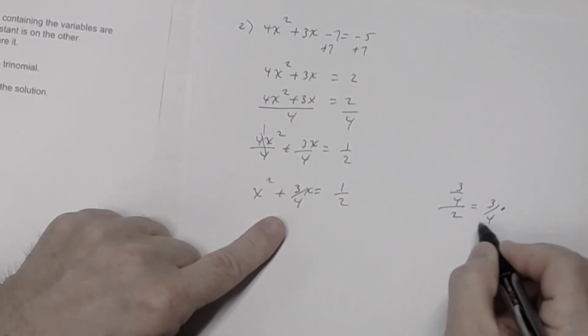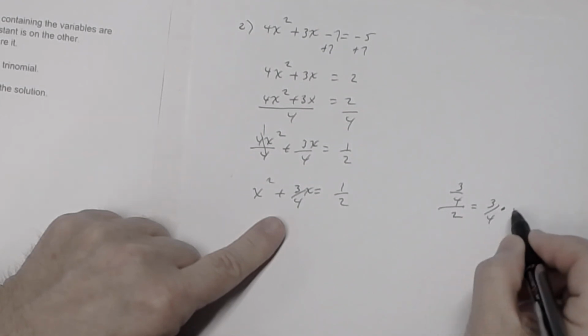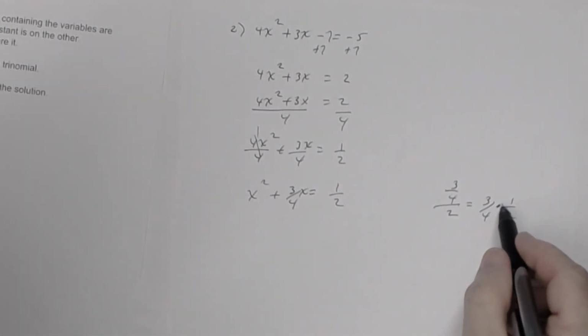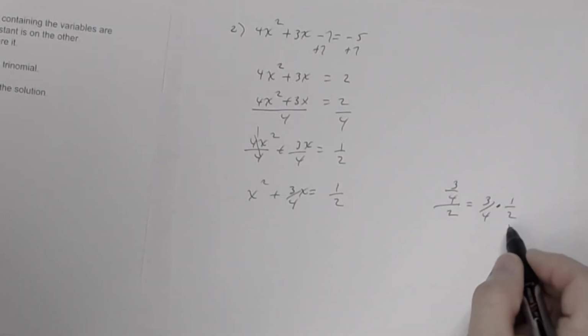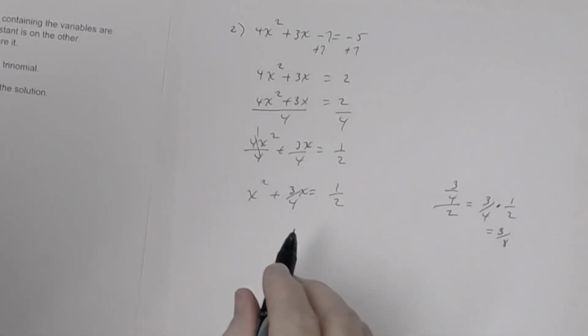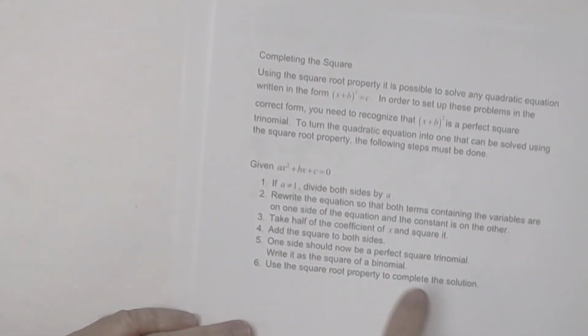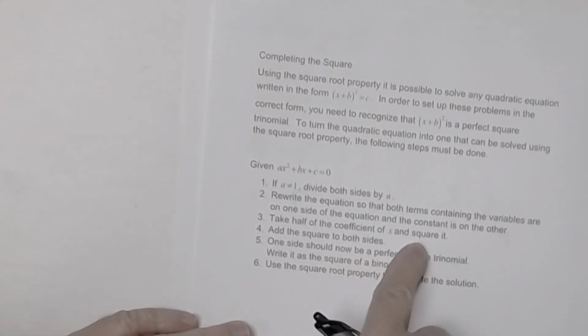I'm going to multiply it by the reciprocal of the denominator, which is 1/2. And then when I reduce and multiply, which I cannot reduce, but I'm going to go ahead and multiply those two fractions. 3 times 1 is 3. 4 times 2 is 8. So I get 3/8. So now the next step, though, is to square that.